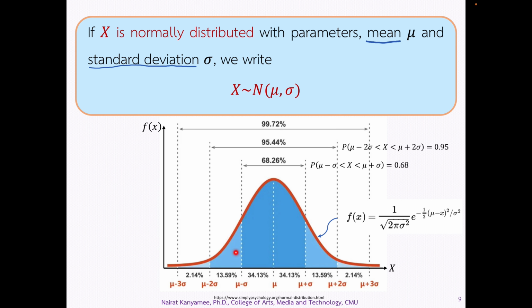If we stretch to 2 standard deviations, the area is about 0.95, so about 95% of the data falls within 2 standard deviations. And at 3 standard deviations from the mean, the data is about 99%. Almost all of the data falls within 3 standard deviations.